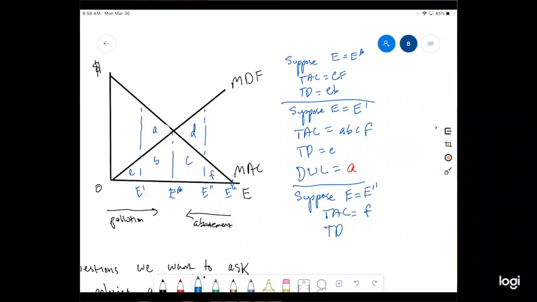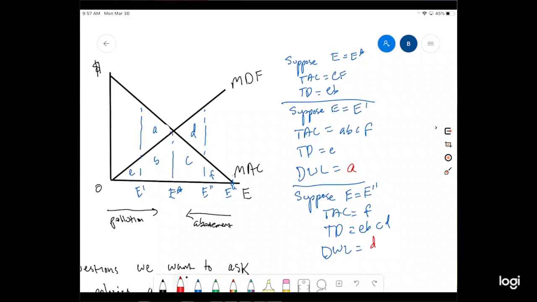Total damages are going to be E, B, C, and D, and then deadweight loss is going to be D. Given the way I've drawn this graph, the deadweight loss is equal in both settings, regardless of whether we go past E star all the way to E prime, or we don't go far enough and only go to E double prime.